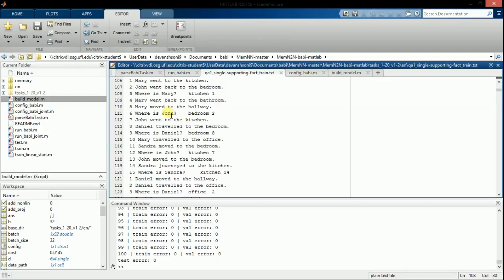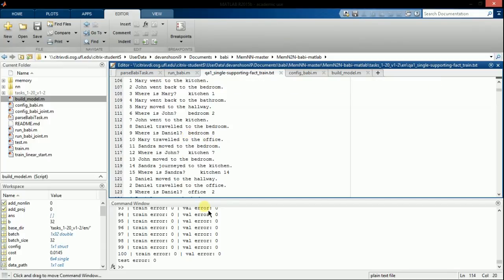Similarly, if you see the next two statements, Maddie went back to the bathroom and Mary moved to the hallway, we have the answer to the sixth statement, where is John, and along with the answer we have 2. This 2 indicates that the supporting fact for this question lies in statement number 2, and that's how the entire dataset is organized.